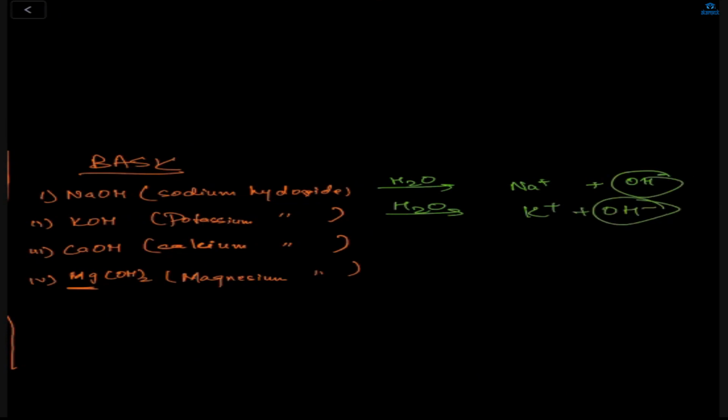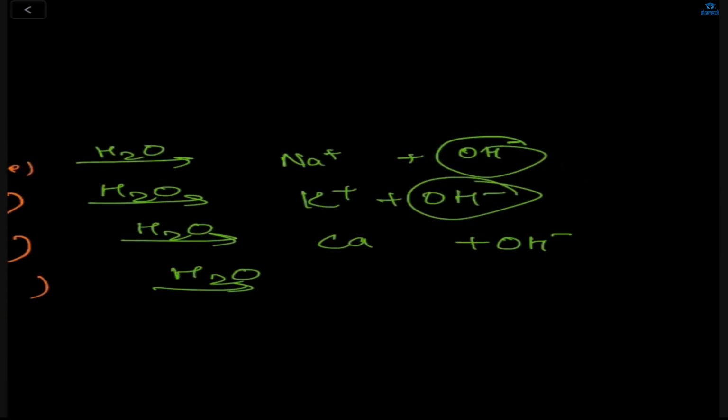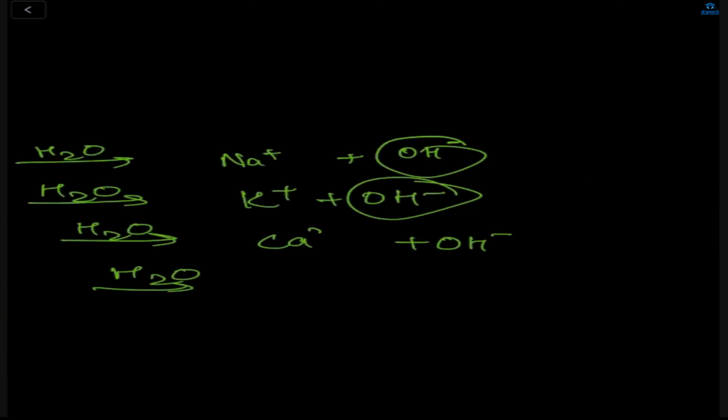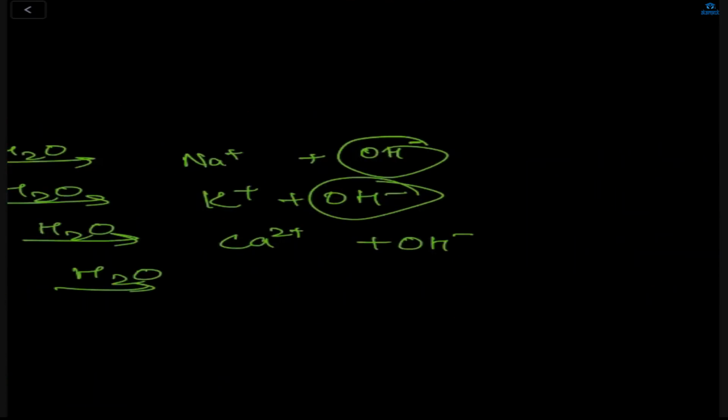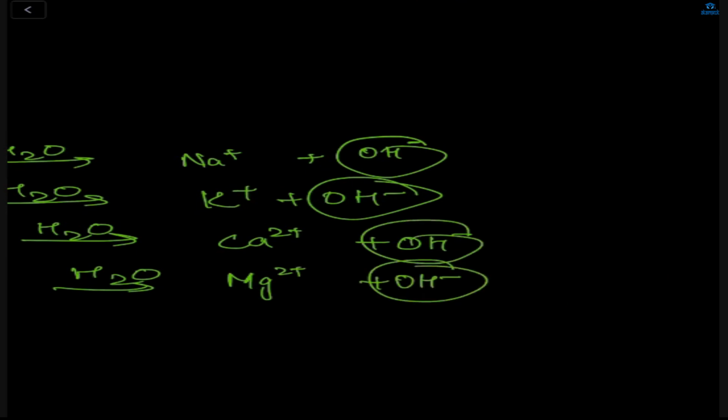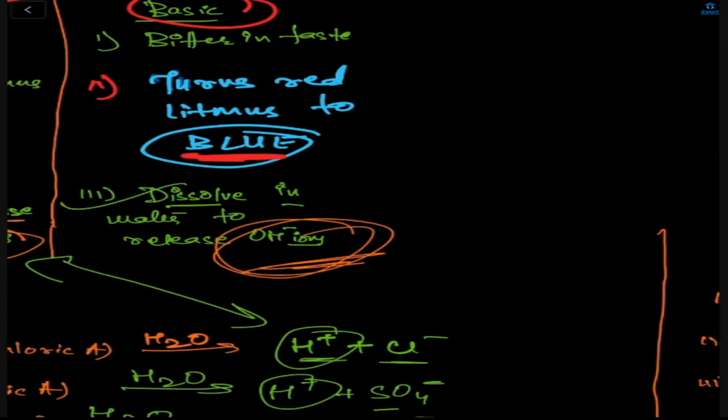For calcium hydroxide, will it be Ca plus or Ca2 plus? Ca2 plus. And for magnesium hydroxide, it will be Mg2 plus plus OH minus. So this point is valid.